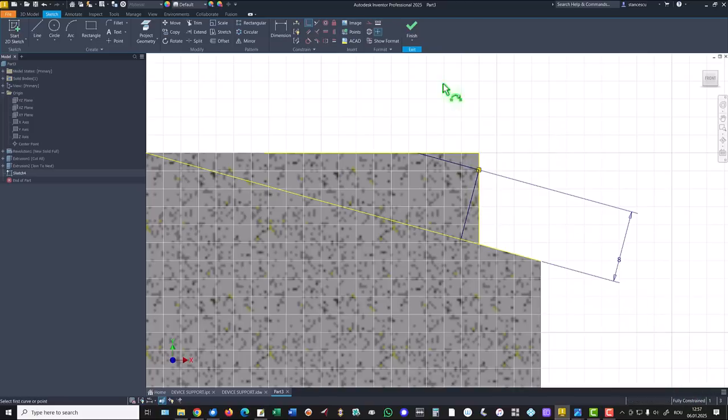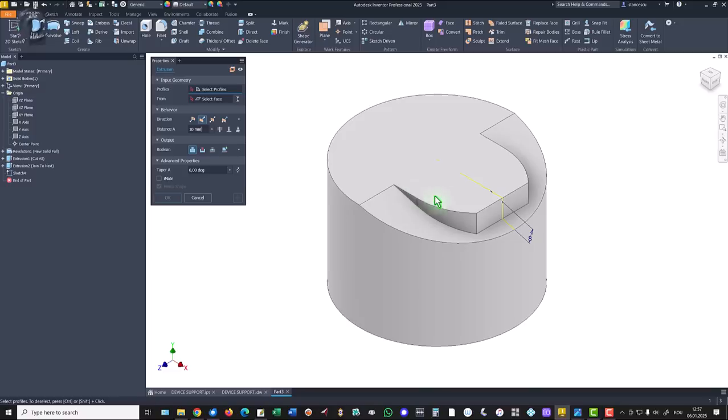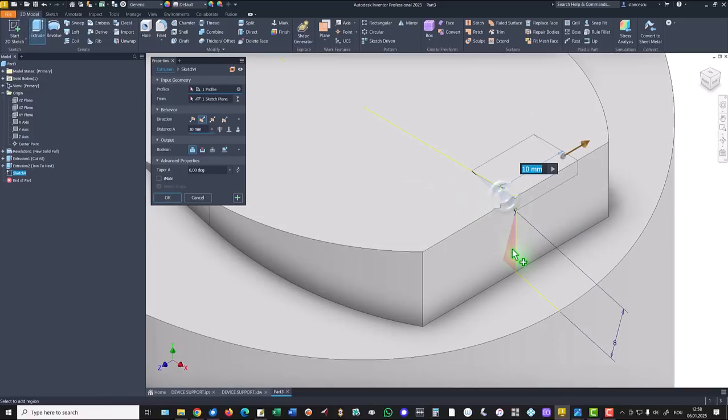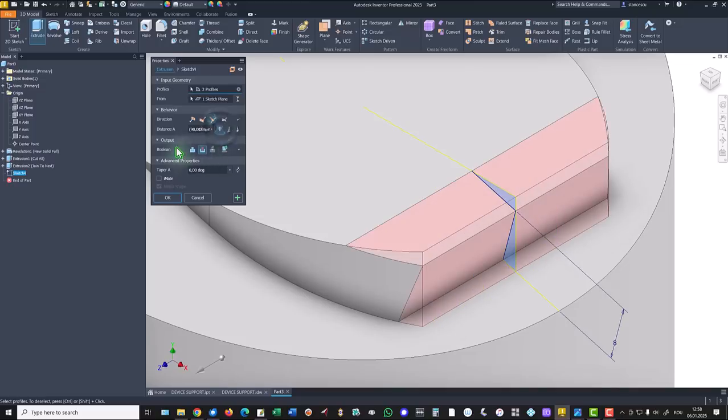We have a fully constrained sketch. Finish sketch, extrude. We have two closed contours now. This is one, this is the other. Symmetrical, cut all the way through the part.